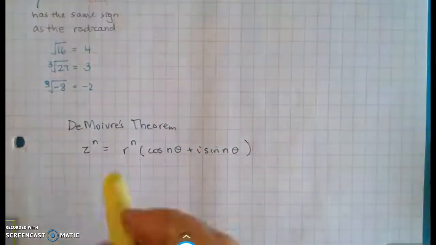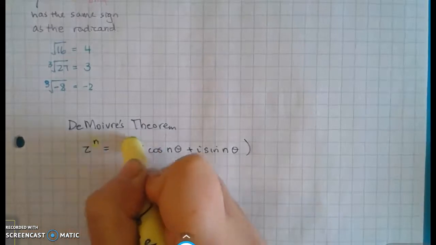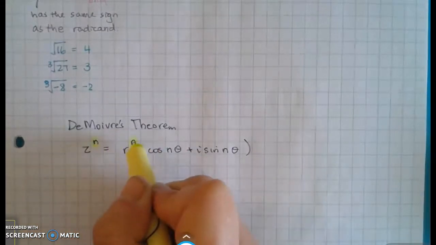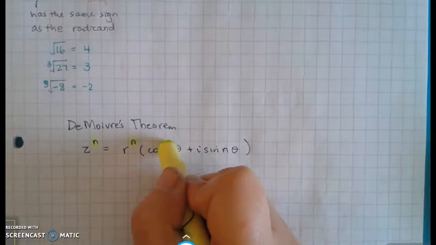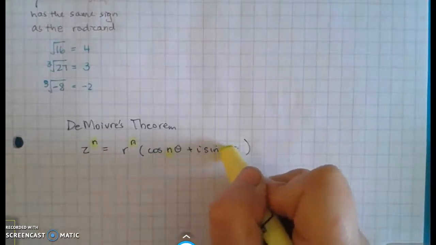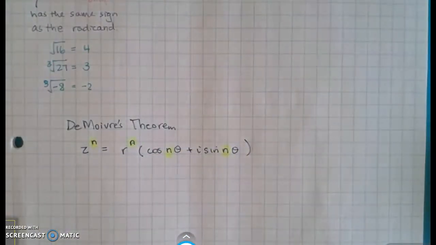Here you're seeing that the modulus is raised to the power of n, as well as the angle measure is multiplied by n. Okay, so this was from the last lesson.